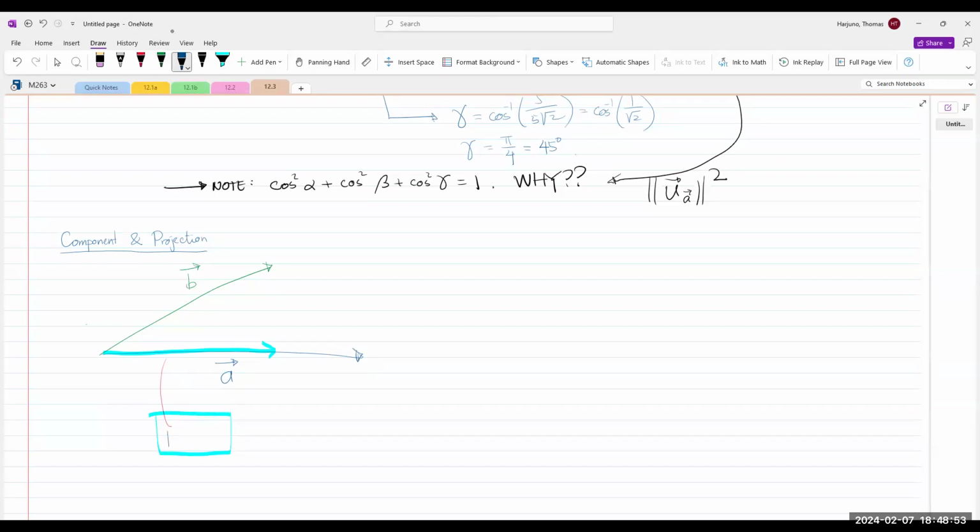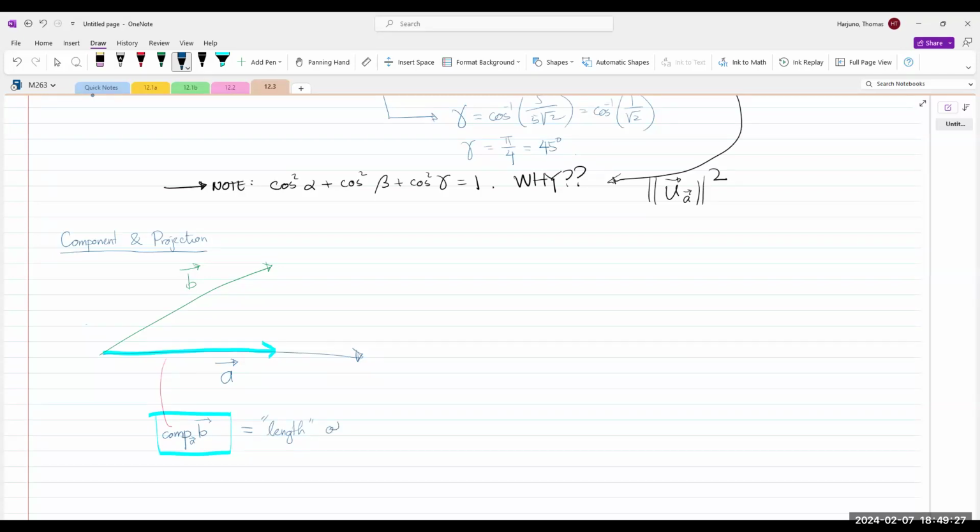Then the component of vector B onto A is defined to be, quote unquote, the length. I use quote unquote here because the length, as we know, is supposed to be a positive number, but the length here may be negative.